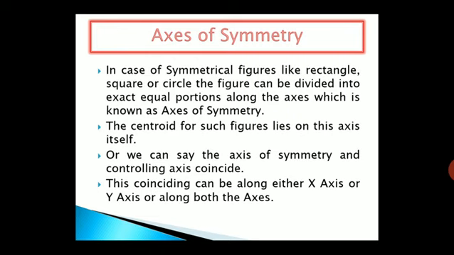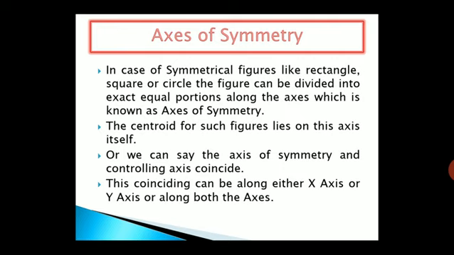For example, if we want to divide a rectangular paper into two parts, what do we do? We fold it, and at the fold we cut the paper. So the fold which we have made is nothing but the axis of symmetry, because along that fold when we cut, we have two parts of the paper.